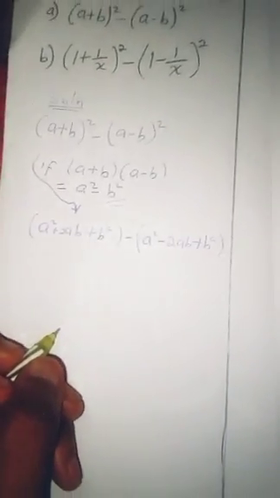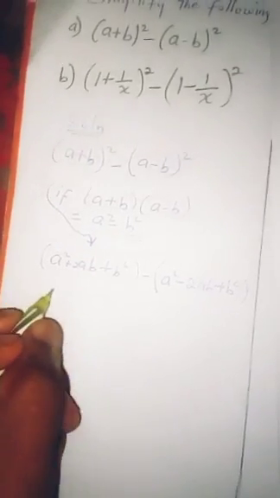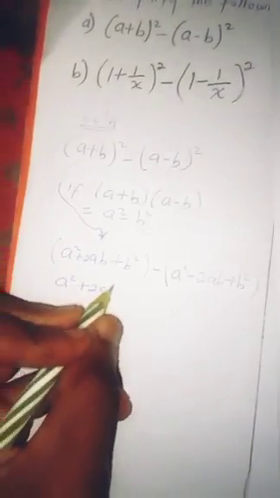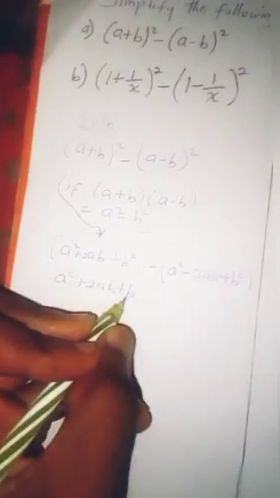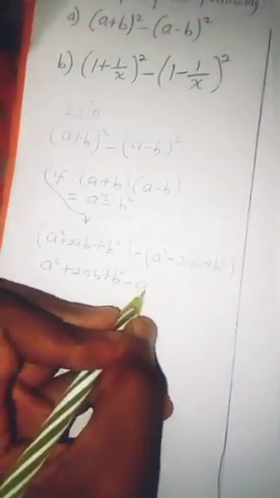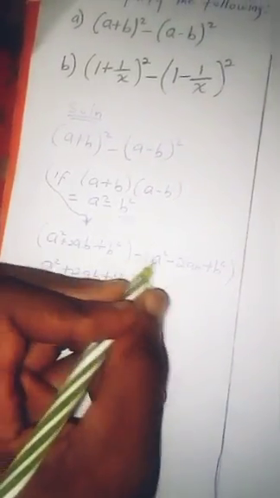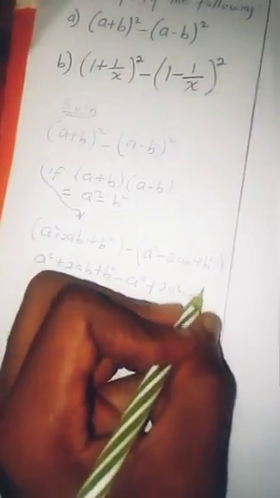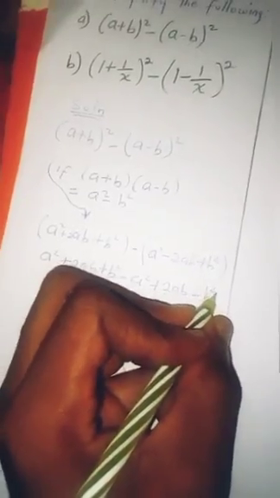So what we want to do next is expand and collect terms. We rewrite a squared plus 2ab plus b squared, minus, negative a squared is negative a squared, negative and negative is positive 2ab, negative and positive is negative b squared.